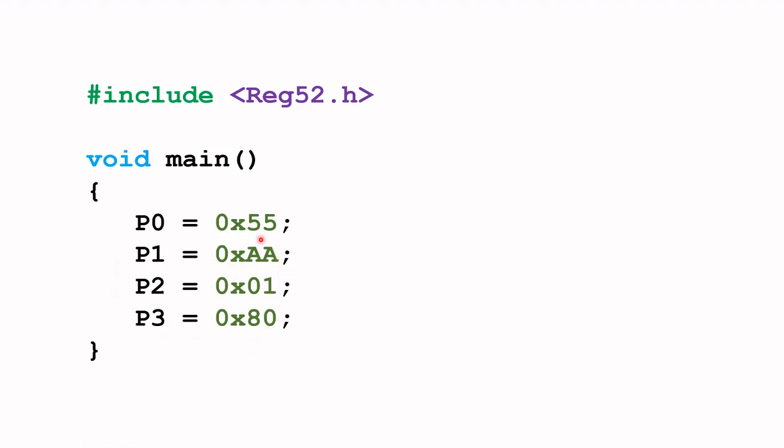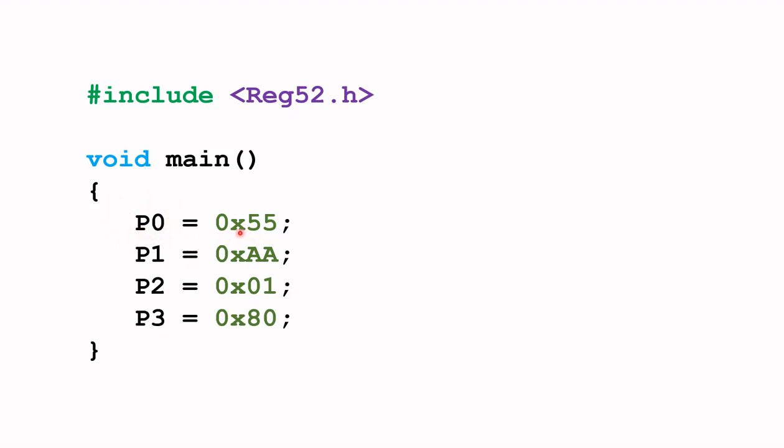So here, very similarly as we have discussed earlier, we assign 55 hexa. Remember 0x here tells us this is a hexa value or hex value. Assign this to P0. P0, by the way, earlier I called it a variable. It's actually port 0 of the AT89S52 microcontroller or the 8051 microcontroller.